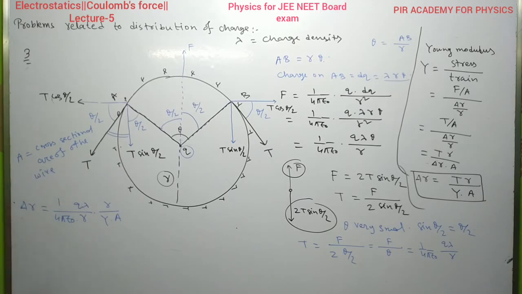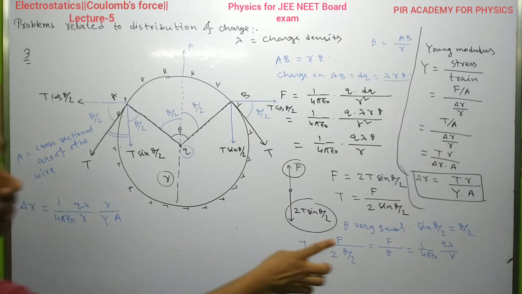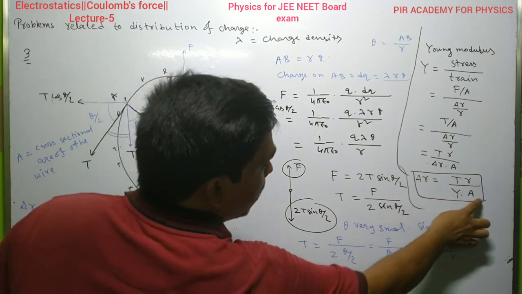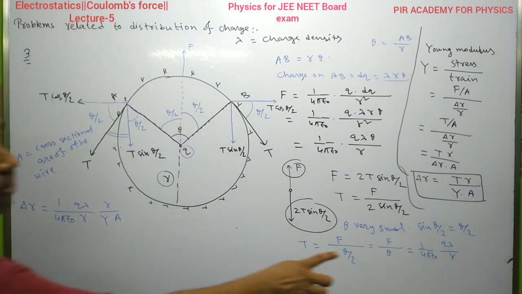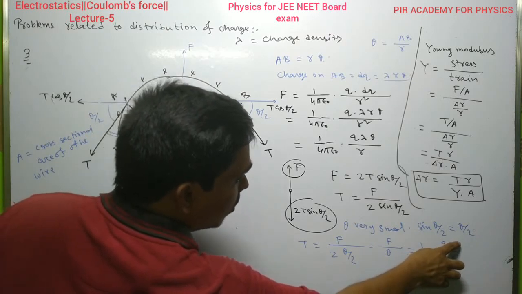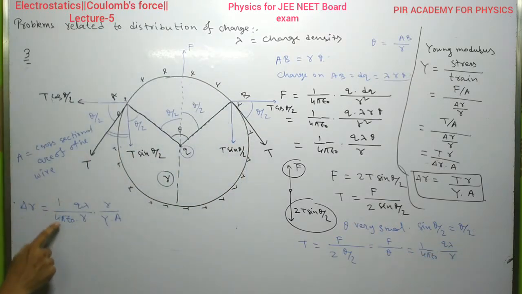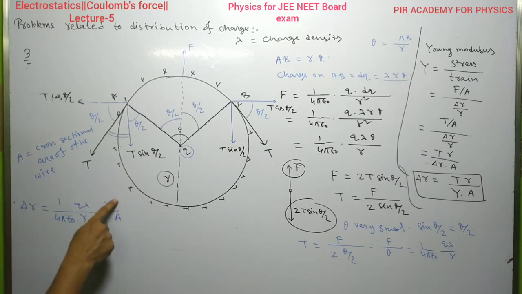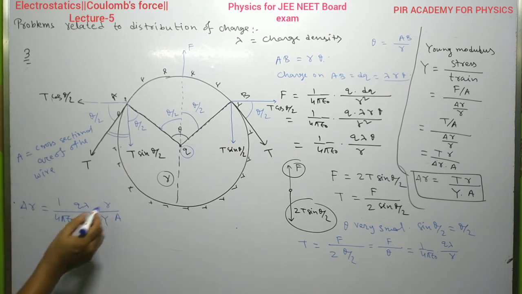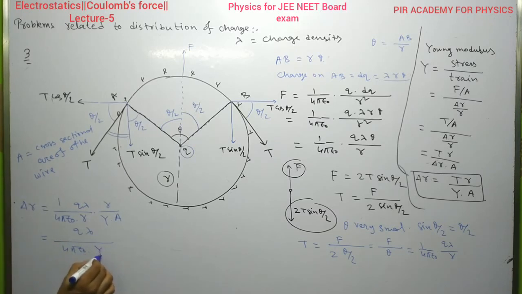So here is the value of T, and the formula is T R by Y A. T is 1 by 4 pi epsilon naught q lambda by r, and here is another r and Y into A. This r cancels out. It will be q lambda by 4 pi epsilon naught into Young modulus into the cross-sectional area.